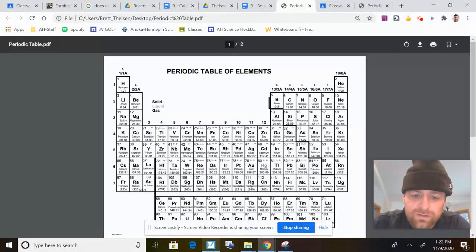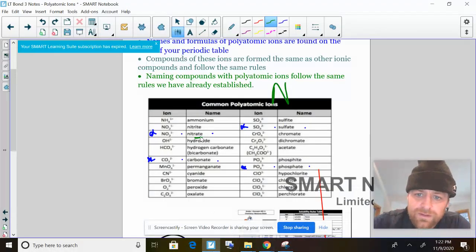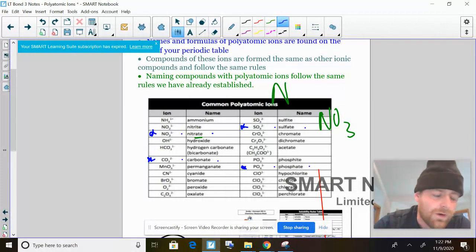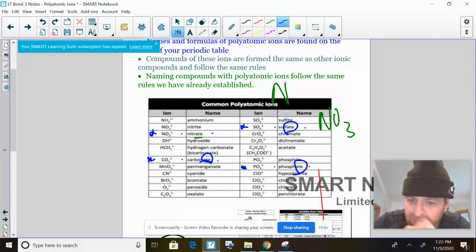But when you change the suffix to nitrate, it's actually NO3. It's a very small difference. Or carbonate, sulfate, not sulfide, phosphate. So if you ever see those -ates at the end, you can cue in that it's a polyatomic ion. Poly meaning multiple atoms.